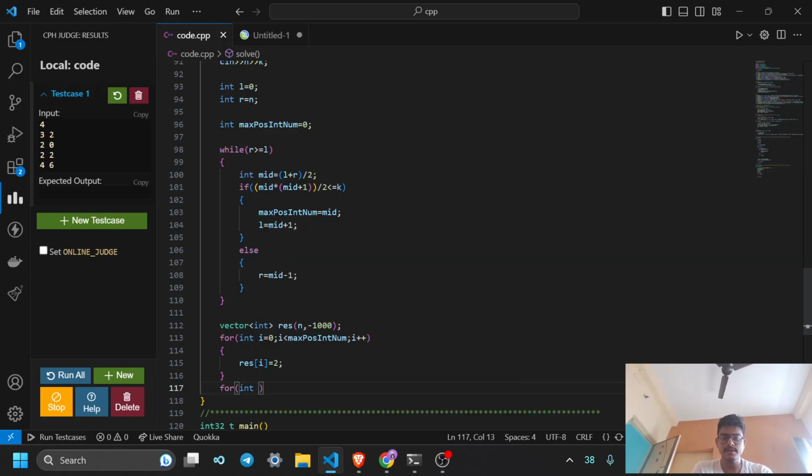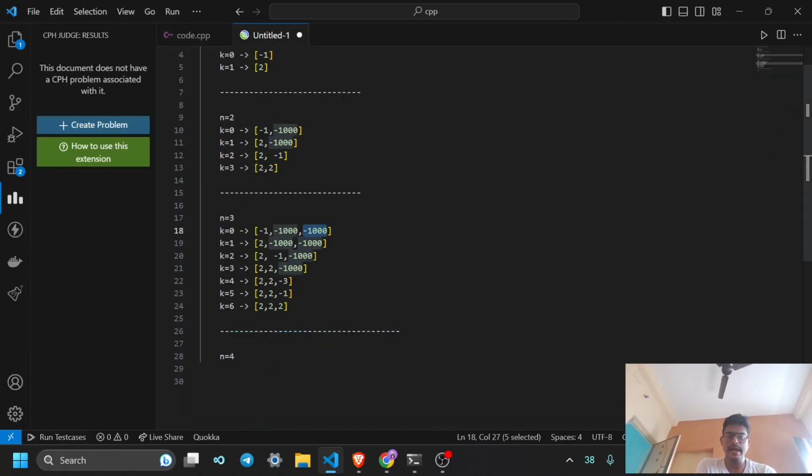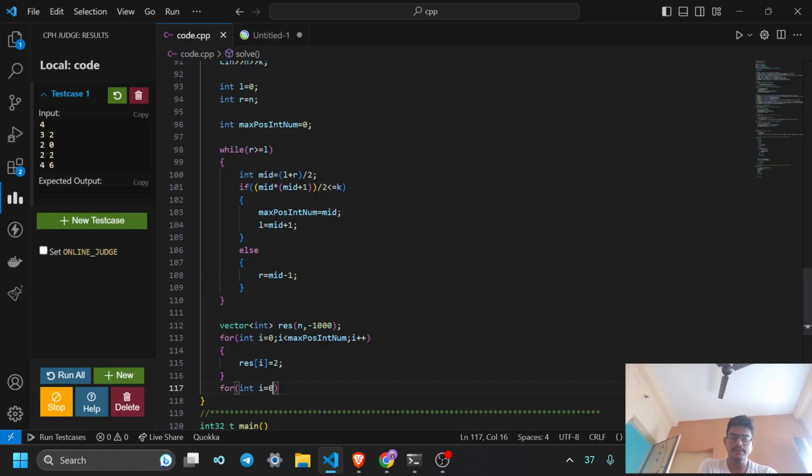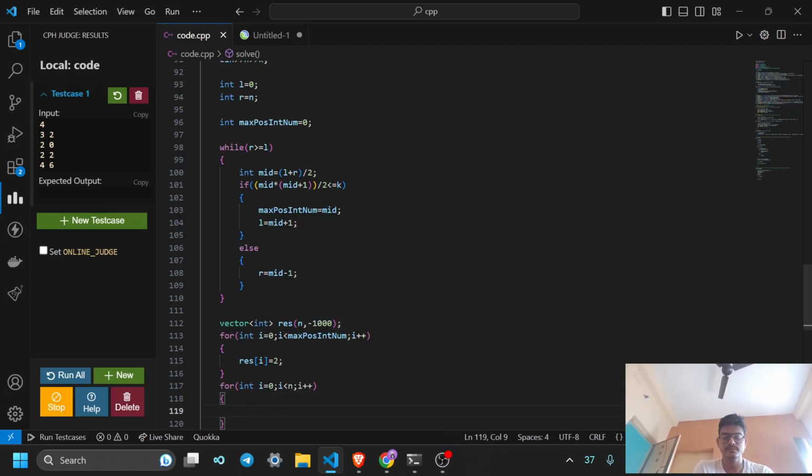So this is not my actual answer, but I am close to my answer. For this approach you can see that I have 3, then I have to have 1 integer.